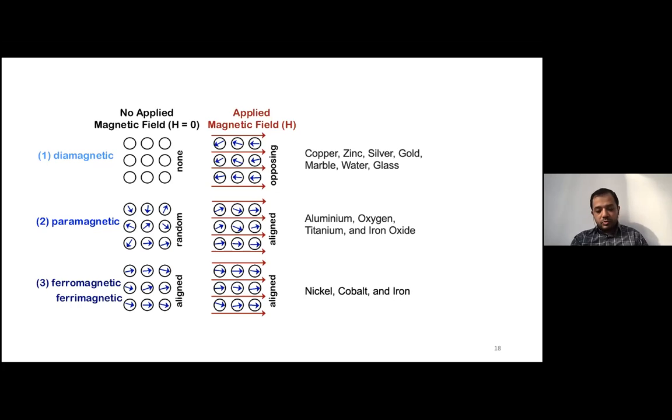They refer to the magnetic state of an atom with one or more unpaired electrons. And the unpaired electrons are attracted by a magnetic field due to the electrons' magnetic dipole and magnetic moments. These are like aluminum, oxygen, titanium, and iron oxide.